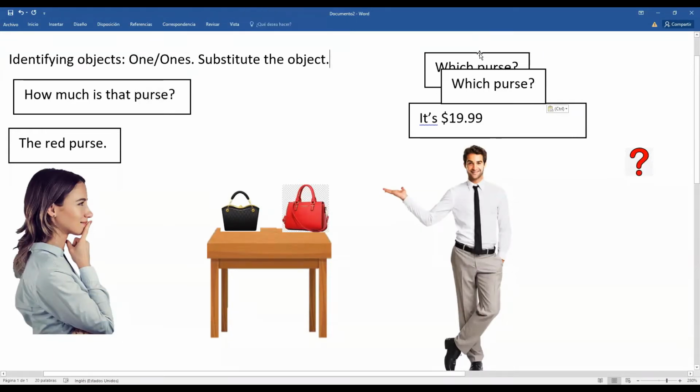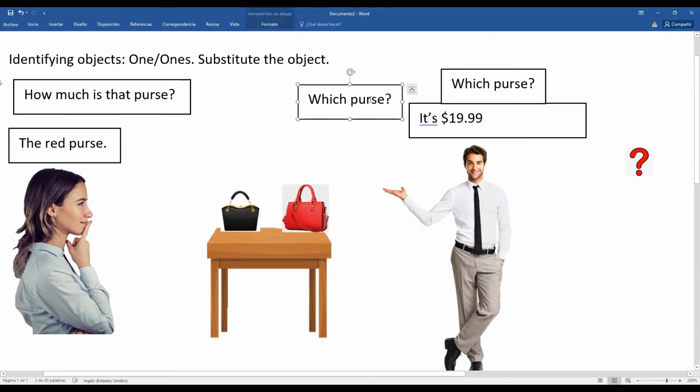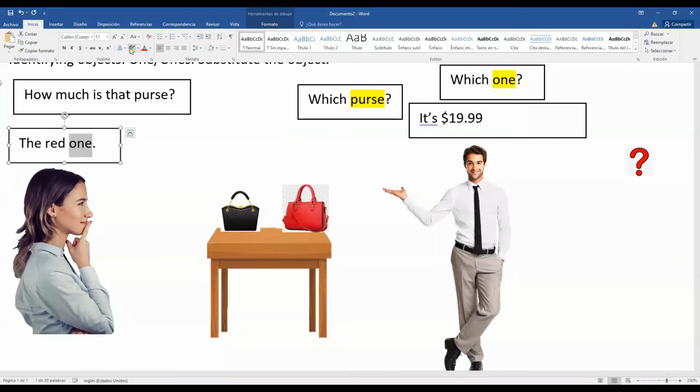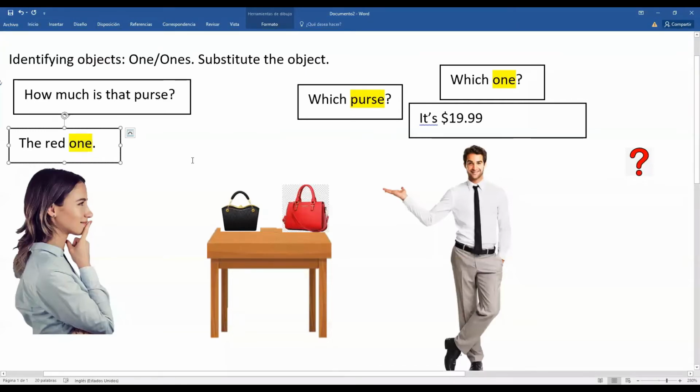For example, you can say which purse, and it's correct, but you can also say which one. So one substitutes purse. Also, when you answer which one, she can say the red one. And we are talking about the purse. One substitutes purse. Let's try that one more time.